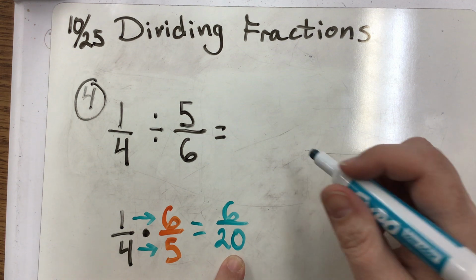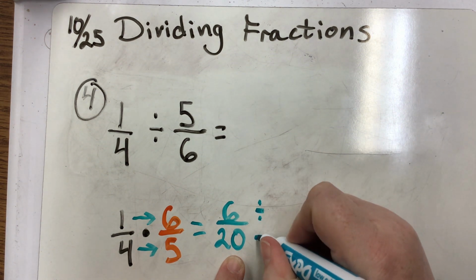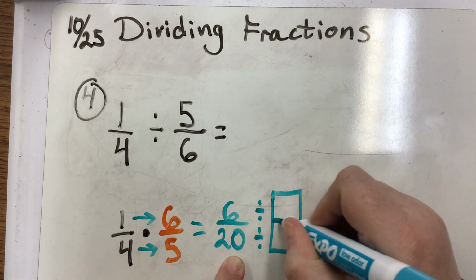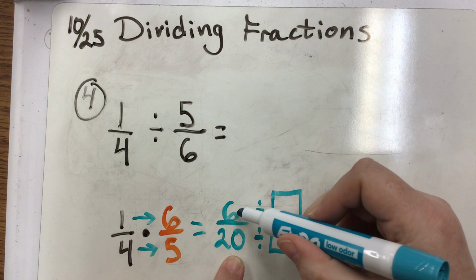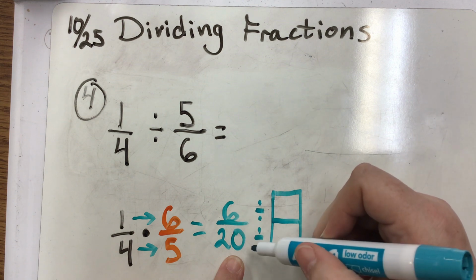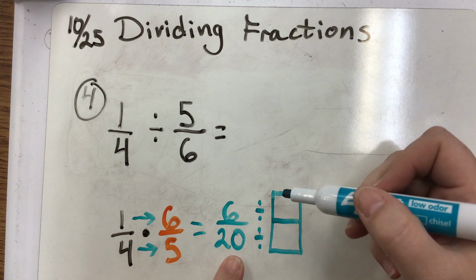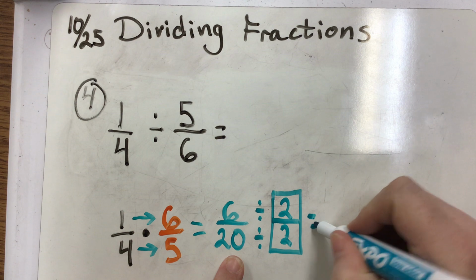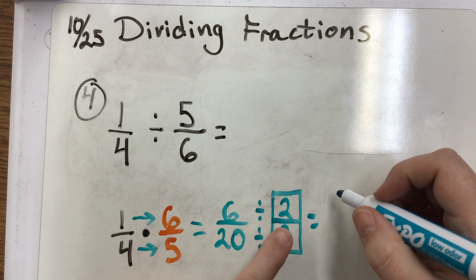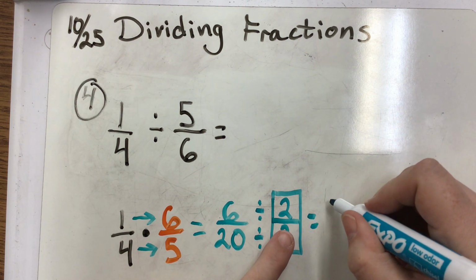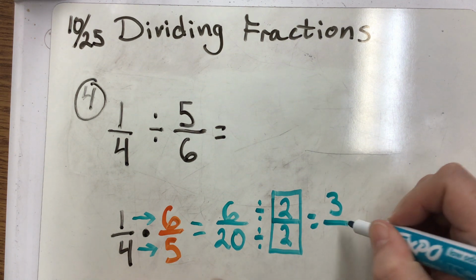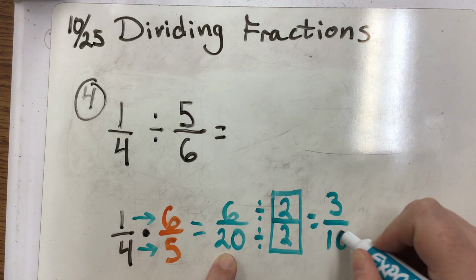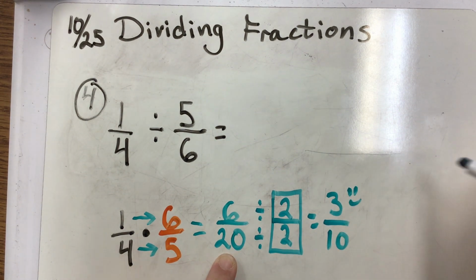Or if you want to do it by hand, we're going to divide by our giant 1 here. What is the greatest common factor of 6 and 20? Well, I know they're both even, so let's try dividing by 2. 6 divided by 2 is 3. 20 divided by 2, half of 20, that is 10. And that's our final answer.